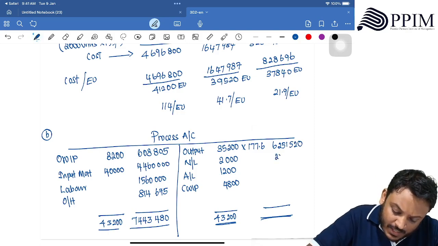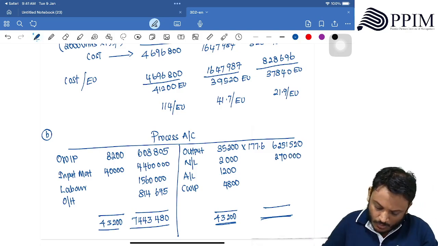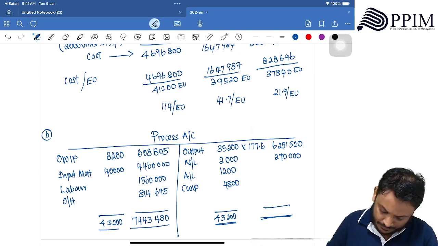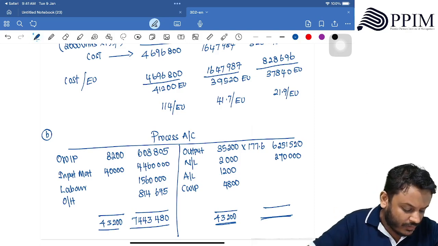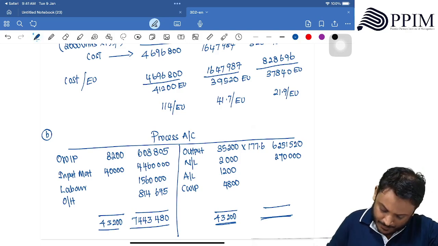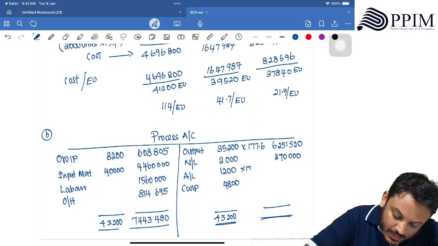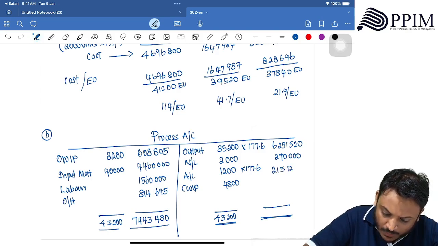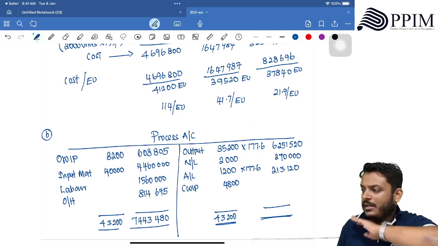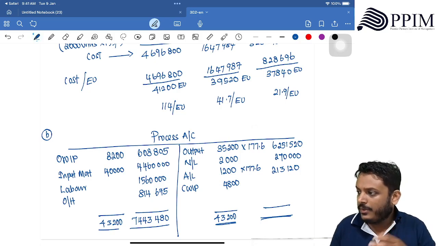Normal loss has a scrap value, so 270,000, at 135 scrap value. Abnormal loss again 177.6, so 213,120. Abnormal loss also you should record at full equivalent unit cost.